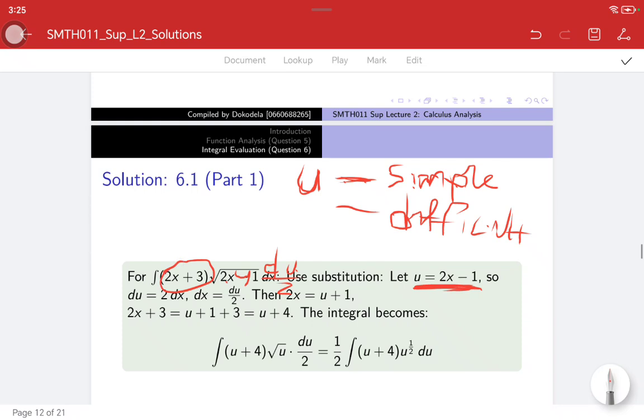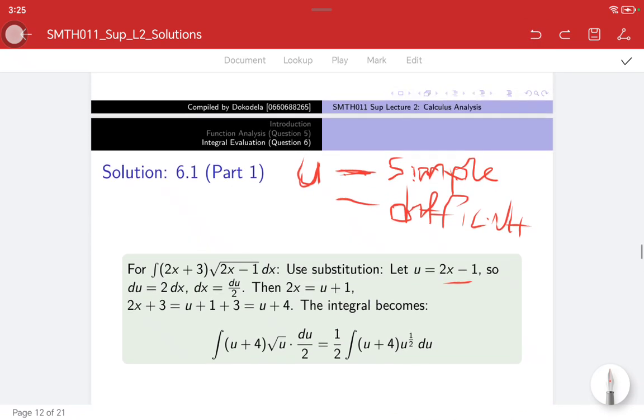But what we see is that something is common here: 2x. So I can make 2x substitute the formula from this so that I can plug it there. When we substitute the formula, we get that 2x is equal to u plus 1. When I plug u plus 1 into x, I get 1 plus 3, which is 4, so I get u plus 4.